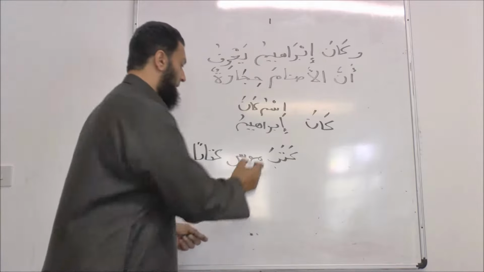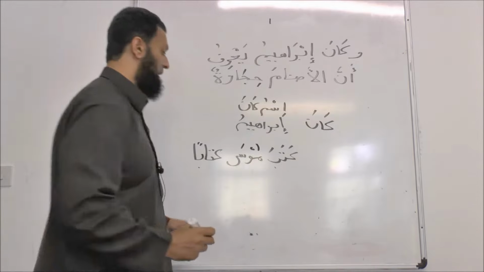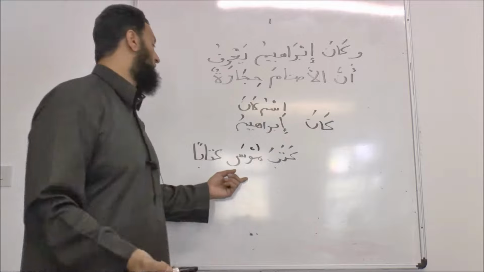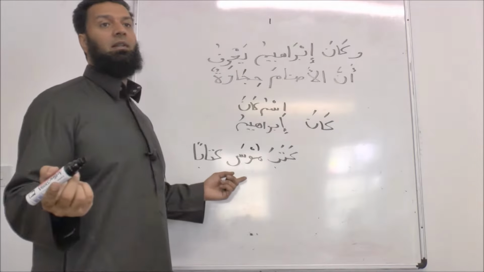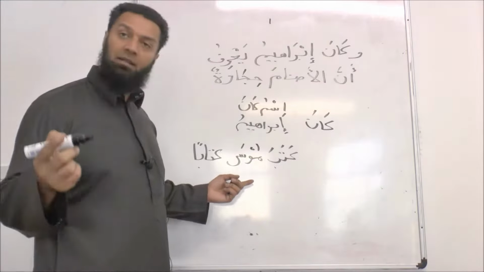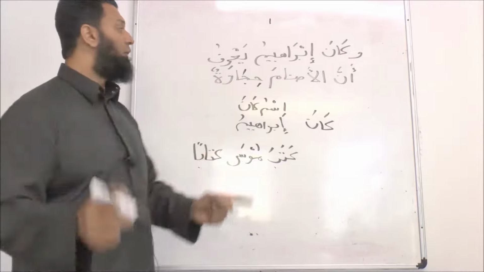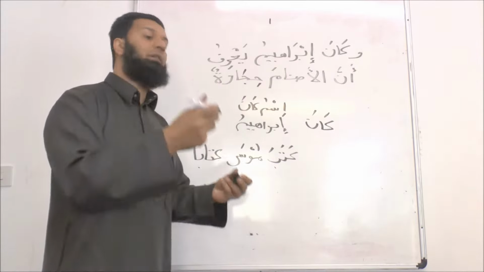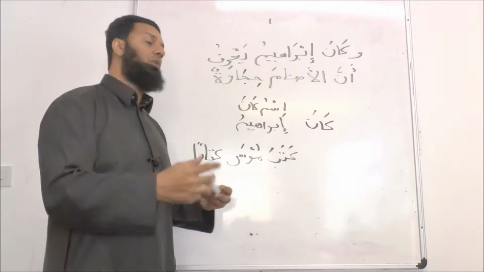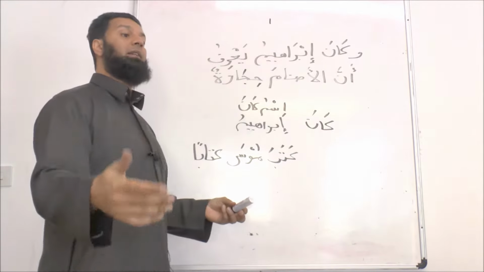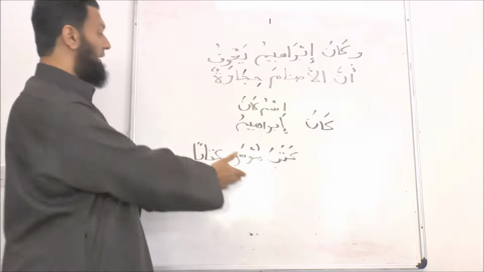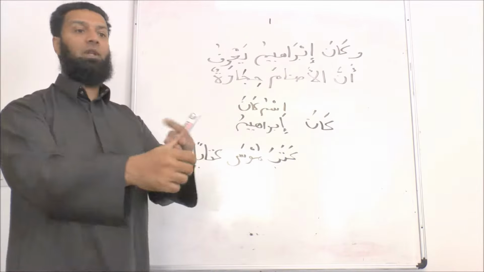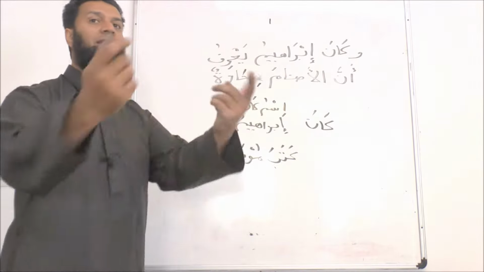Kataba Musa kitaban. So who's the fa'il here, ya Shabazz? Musa. The doer is Musa. But if we say the fa'ilun is Musa, what's alamatu raf'ihi? What's the indicator that it's marfu'? You can't say the indicator is ad-dammatu because it's not there.